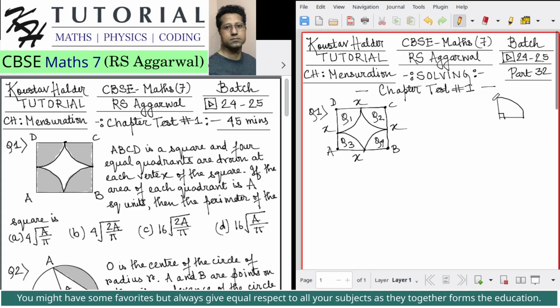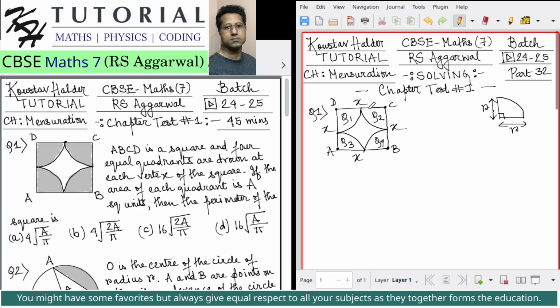This is a quadrant where these two are the radius of the circle. So this is what is meant by a quadrant. The area of any quadrant is always equal to 1/4 the area of the circle having the same radius.